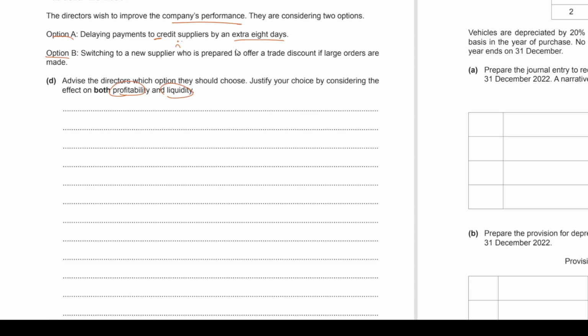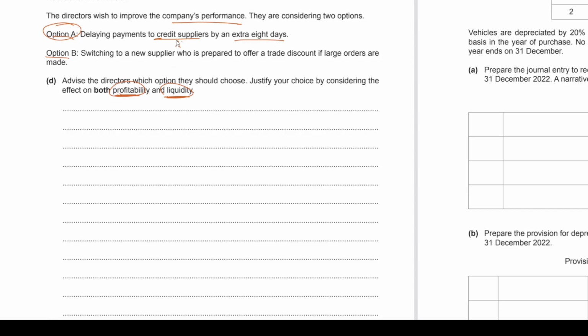Profitability, however, we can write more about. So maybe you can write a point about liquidity and a couple of points about profitability for option A. This is bad for profitability. One is you might face interest charges from the supplier. The supplier will say, give us interest because you're paying too late. On top of that, you may also lose any discounts.